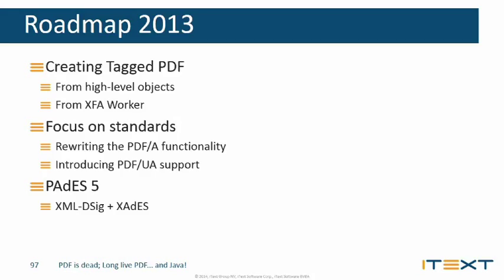That's what we started implementing in 2013. And we focused on standards. So we had some PDF/A-1 functionality, but we prepared iText for PDF/A-2 and PDF/A-3. And we introduced a first implementation of PDF/UA.